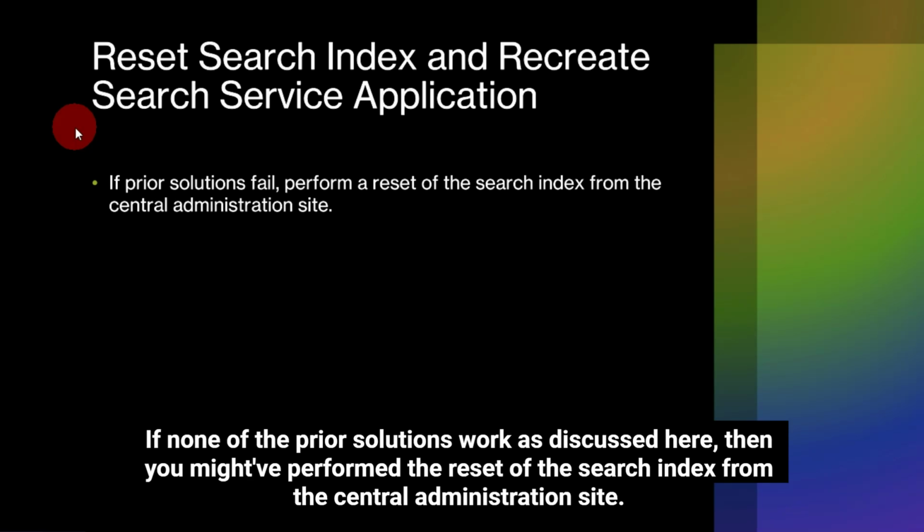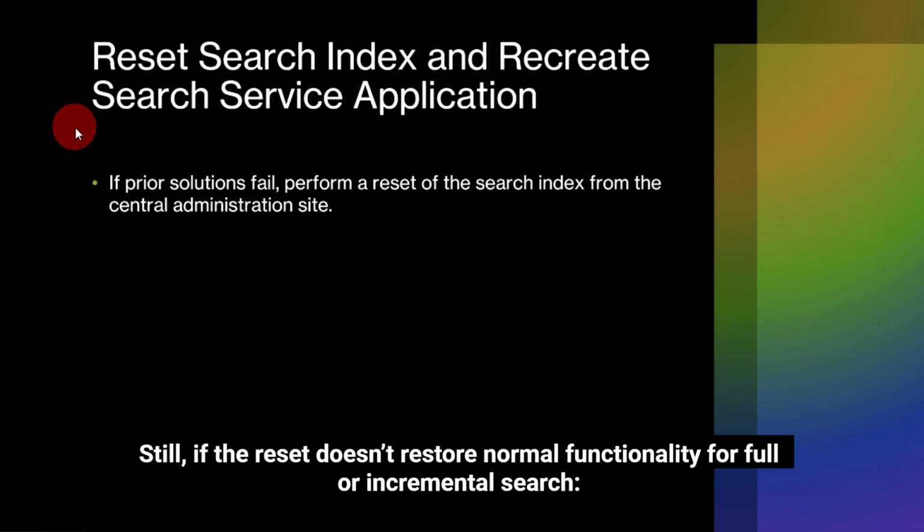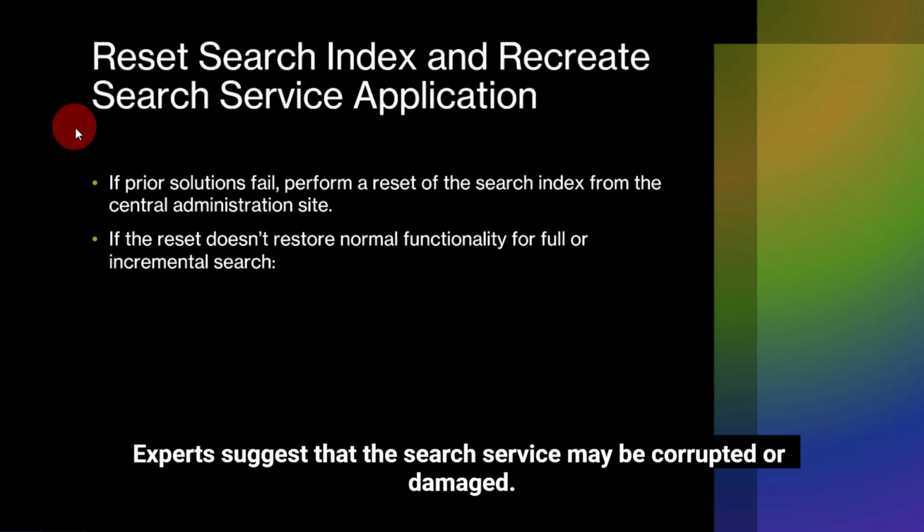If none of the prior solutions work as discussed here, then you might have performed the reset of the search index from the Central Administration site. Still, if the reset doesn't restore normal functionality for full or incremental search, experts suggest that the search service may be corrupted or damaged.